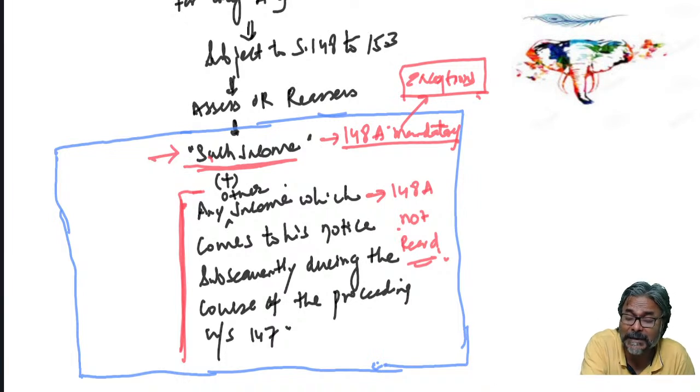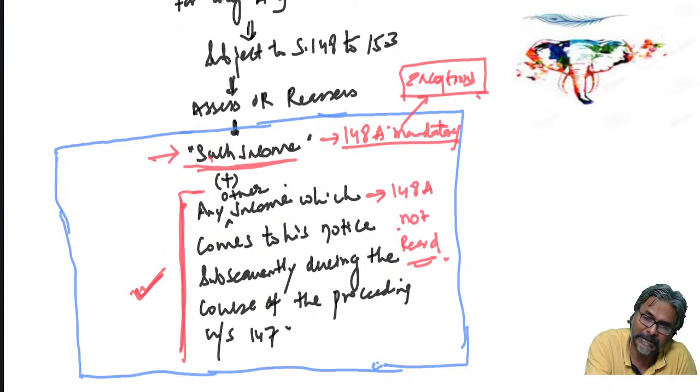In between, some new income which has also escaped assessment has come to his notice. So the question is, can that income also be considered while the assessment under 147 is being conducted? And the answer is yes, it can be.